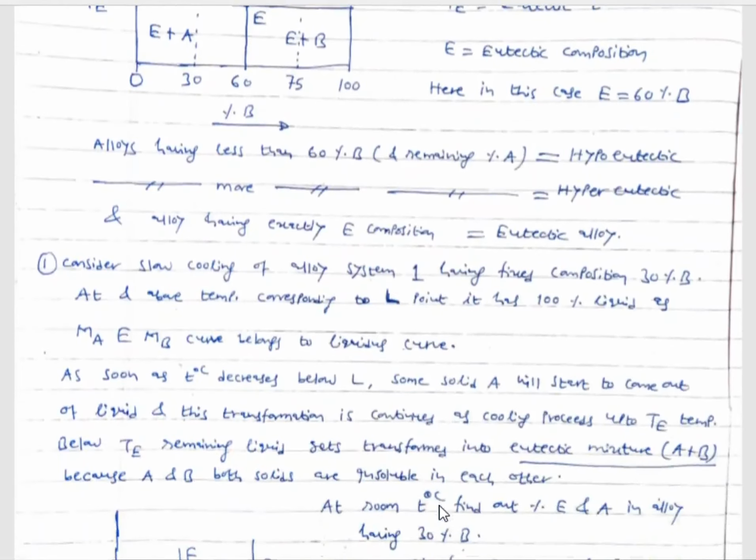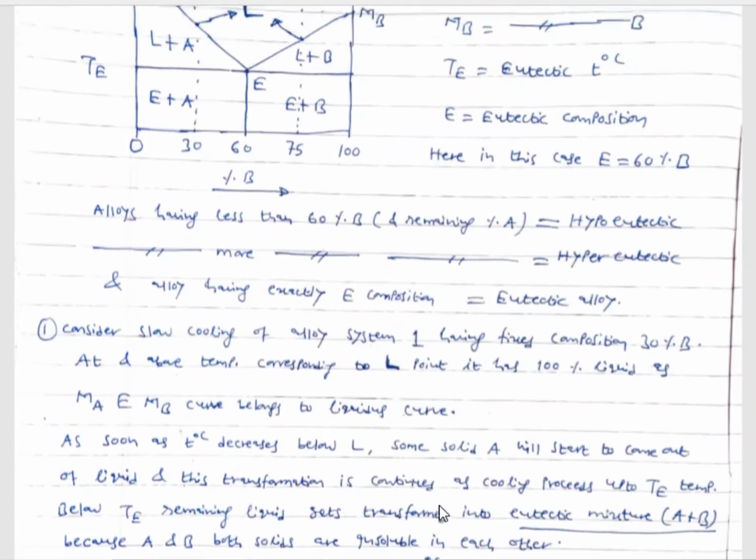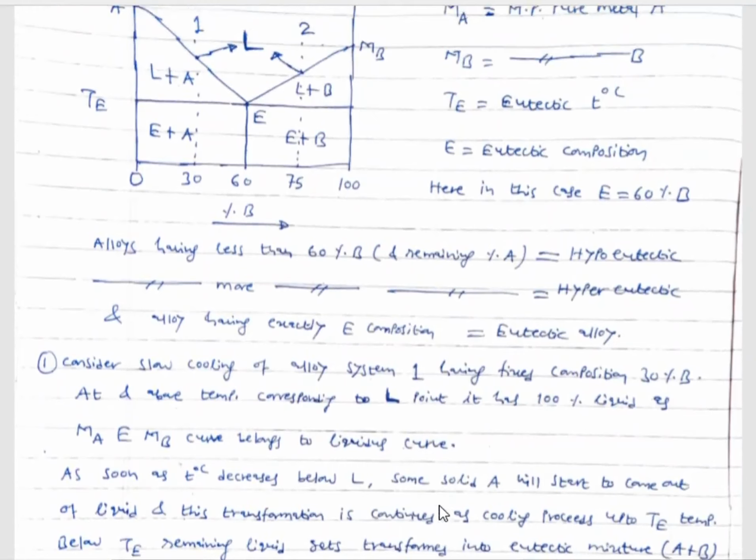We will consider now the slow cooling of the alloy system 1, having fixed chemical composition 30% B. At temperature corresponding to L point, and above, L point means liquidus point, it has 100% liquid.